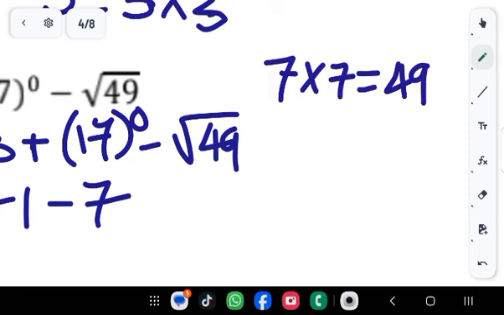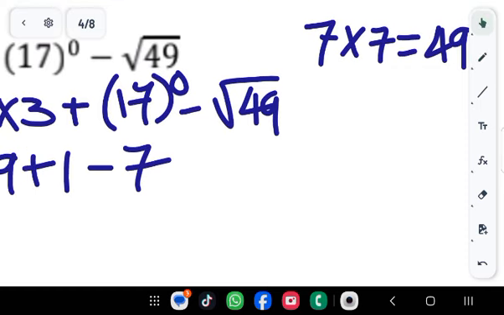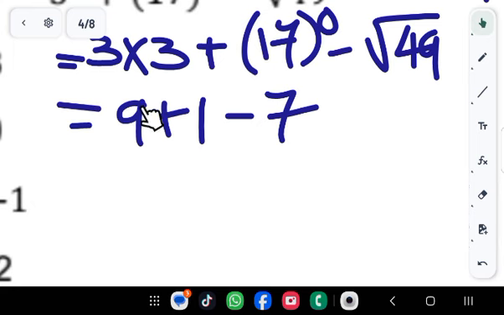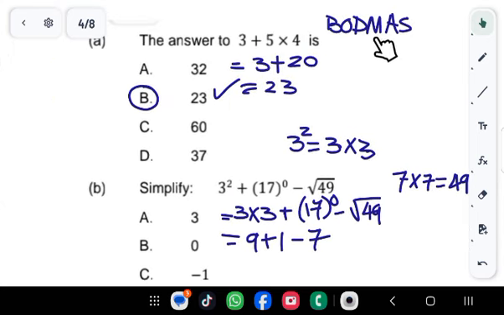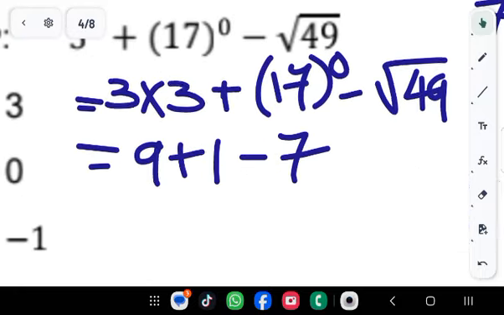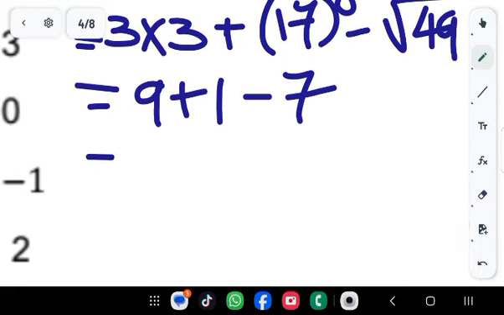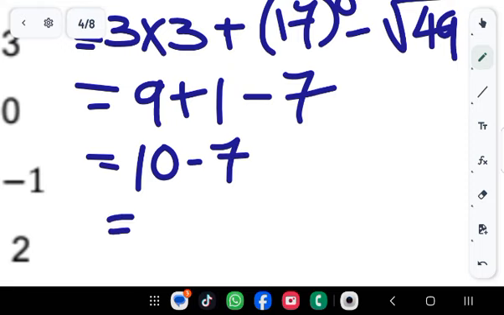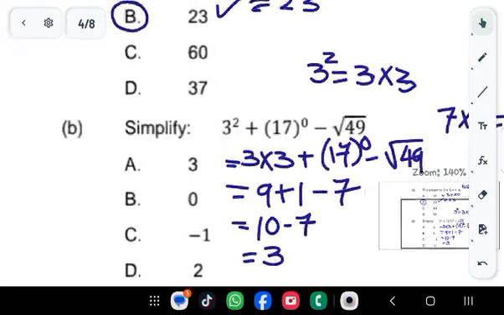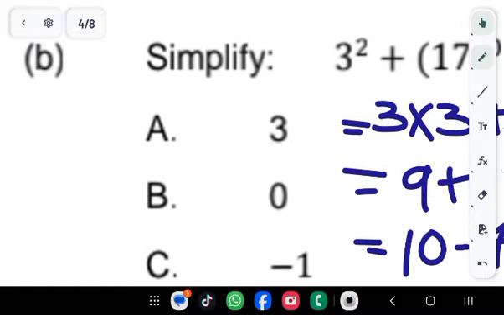So the square root of 49 will be 7, because 7 squared is 49. Now we add. Remember the rule of BODMAS, we must add before we subtract. So let's add first. 9 plus 1, that gives us 10. Minus 7. Now we can subtract. 10 minus 7 is 3. And the correct answer is the option A.